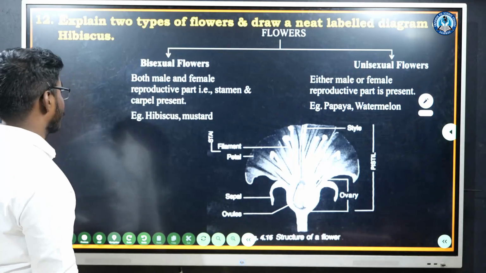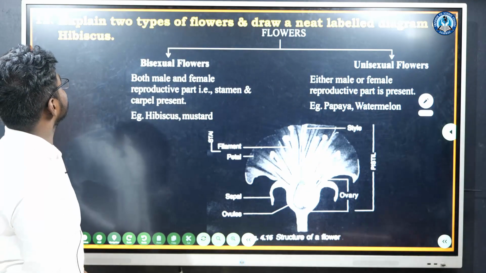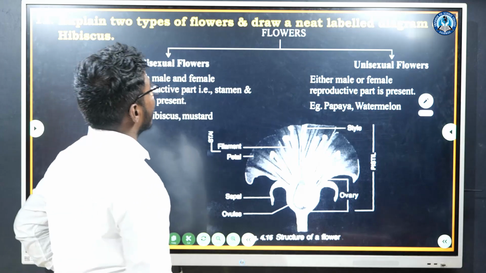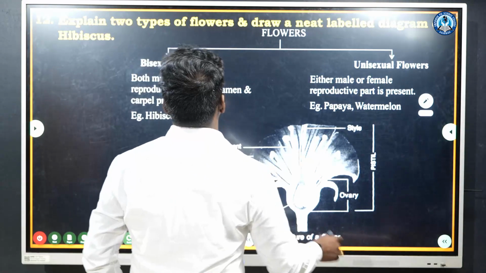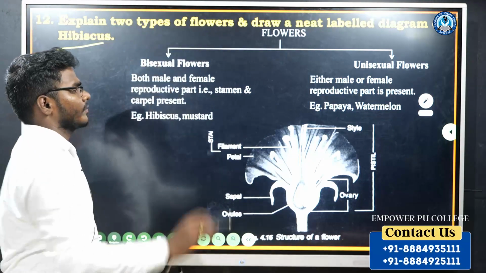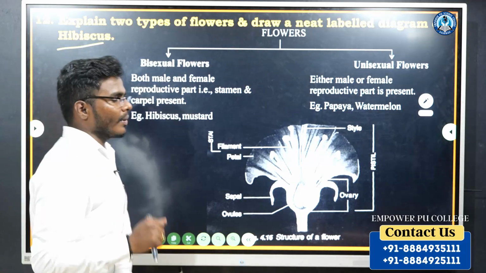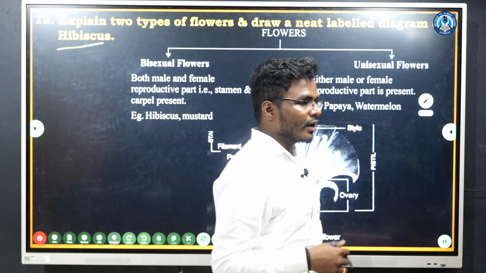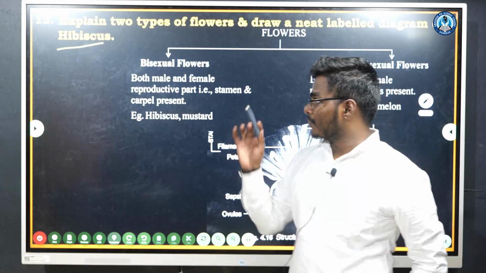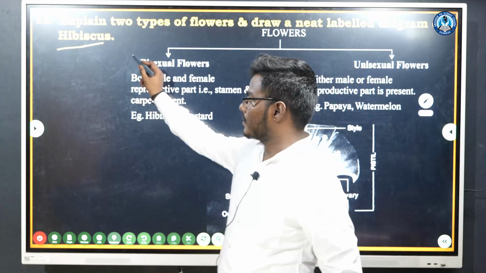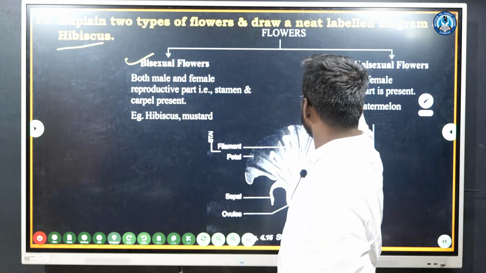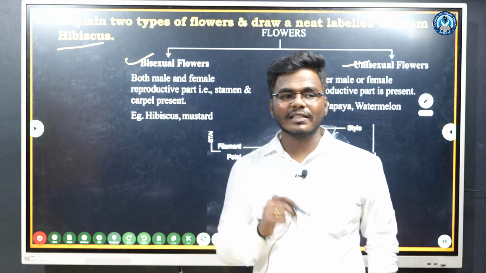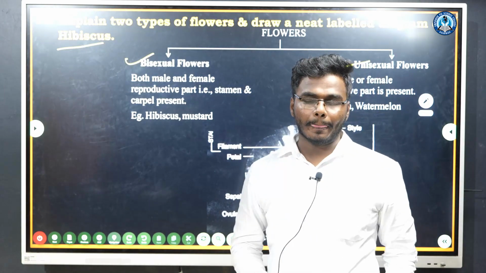So the next question is: explain two types of flowers and draw a neat labeled diagram of hibiscus. Now listen here, they have asked to explain how many types of flowers there are. There are two types of flower, one is the bisexual flower and the other is the unisexual flower. The name itself says bisexual.